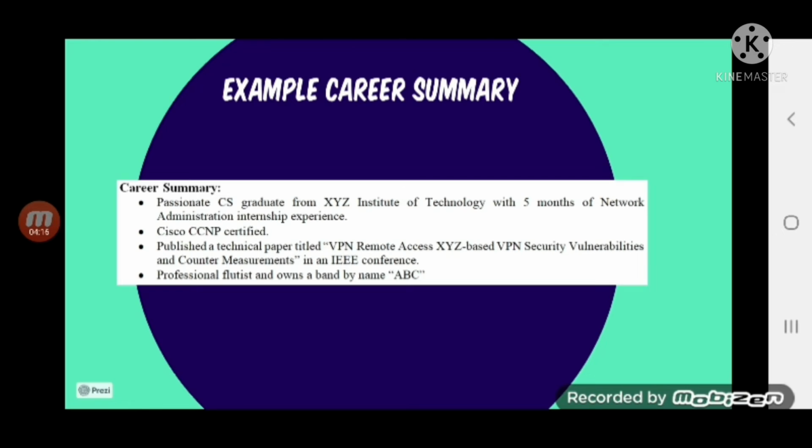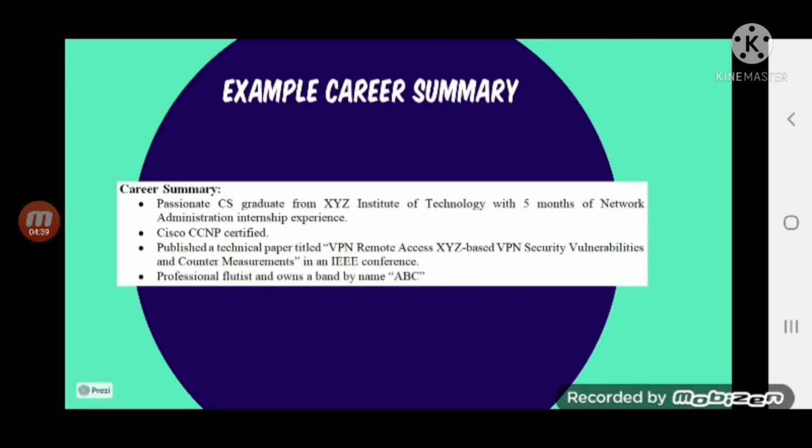So he's clearly mentioning he's certified in Cisco CCNP. Published a technical paper titled VPN Remote Access Based VPN Security Vulnerabilities and Countermeasures in an IEEE conference. Professional flutist and owns a band by name, a random name is given here.